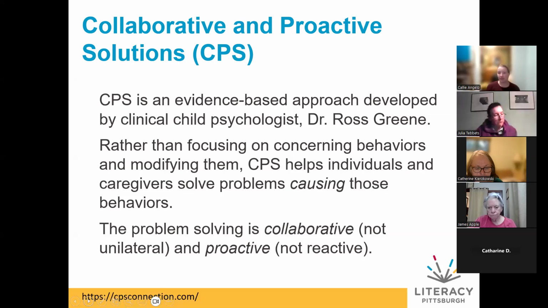The problem-solving system is meant to be collaborative, as in not unilateral, and involves both parties working proactively, not reactively. So not in a state of dysregulation or reaction to the behavior, but looking forward and doing it with input from all parties.